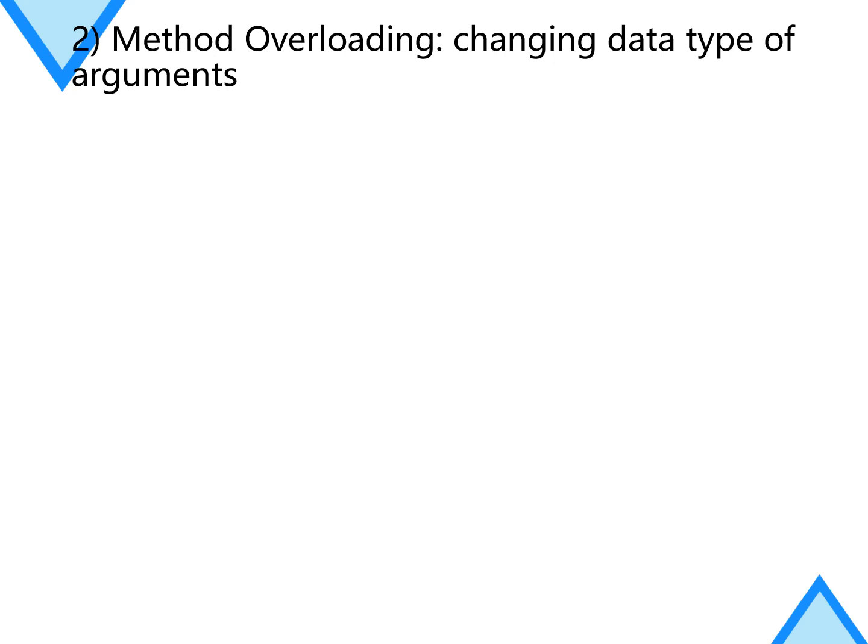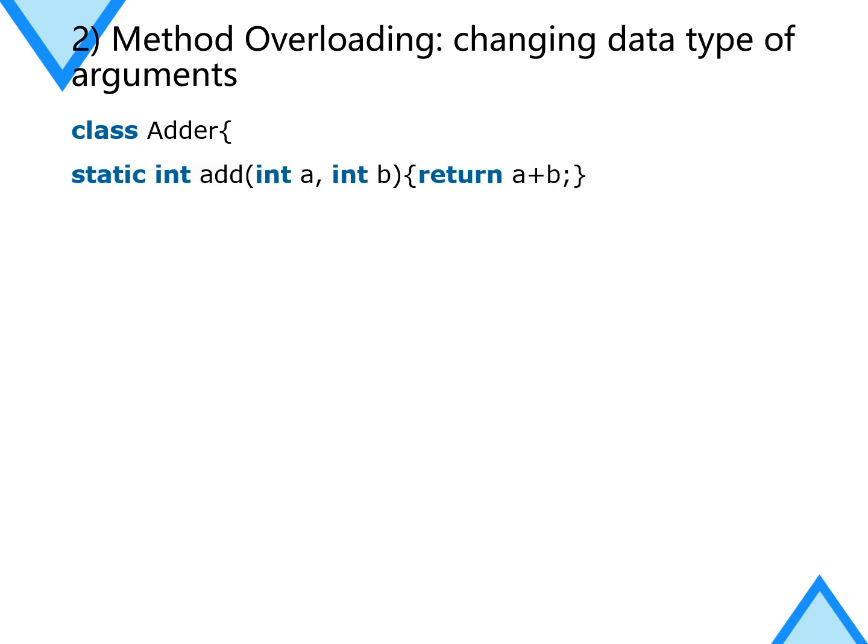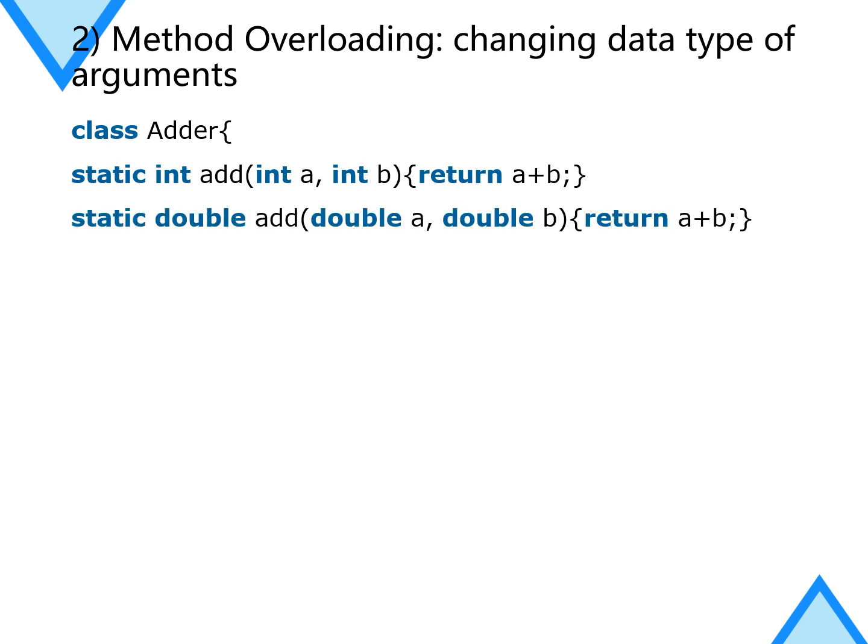Here we want to keep the number of arguments the same, but we are changing the data type of the arguments. So again we have a class Adder, and here we have method add with two arguments, both of type integer, returning the addition of two numbers. Another method keeps the same name, so we are overloading the method add.